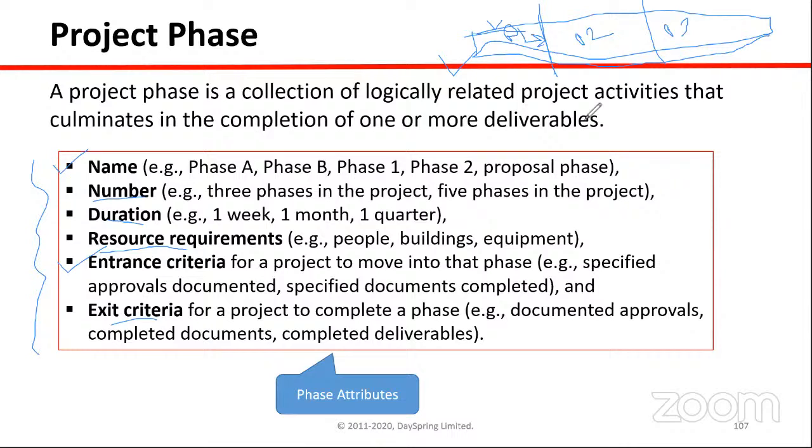There will be some acceptance criteria or other things that indicate that our phase is completed. That is known as exit criteria. So these are known as phase attributes. Generally, a project is divided into phases, and every phase consists of these kinds of attributes to represent those phases.